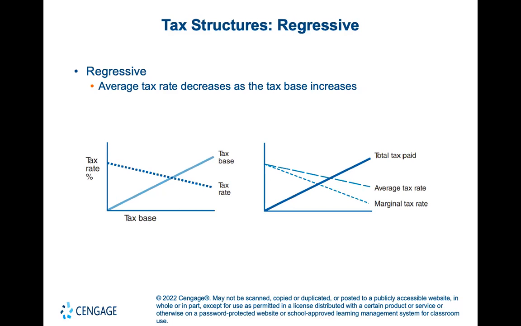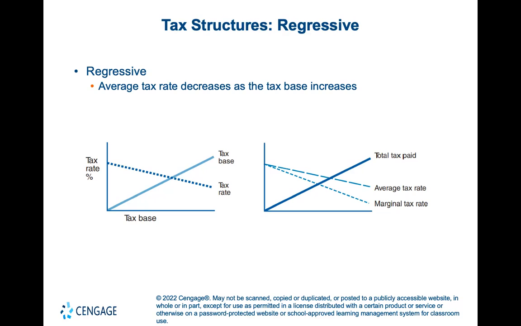Tax regressive: average tax rate decreases as the tax base increases. Again, your tax base is on your horizontal axis and your tax rate on the vertical, and as you can tell, it decreases. Regressive means to go back down towards zero. So the tax rate is decreasing from left to right, so it's a downward slope.